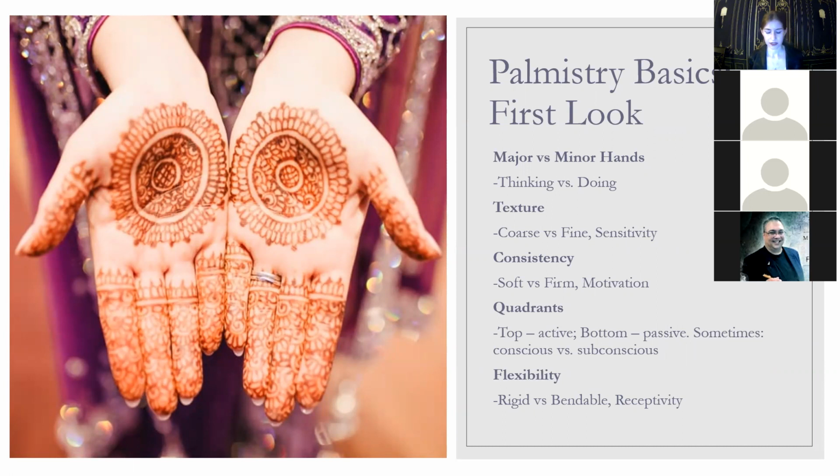You're going to see soft hands and firm hands. The firm hands are said to indicate someone who is disciplined, motivated and challenge-seeking, while the overall soft hands are more pleasure-seeking and comfort-seeking. You want to read this by gently pressing on the palm to see how soft or hard it is. You can also take an overall impression and just look at the palm.